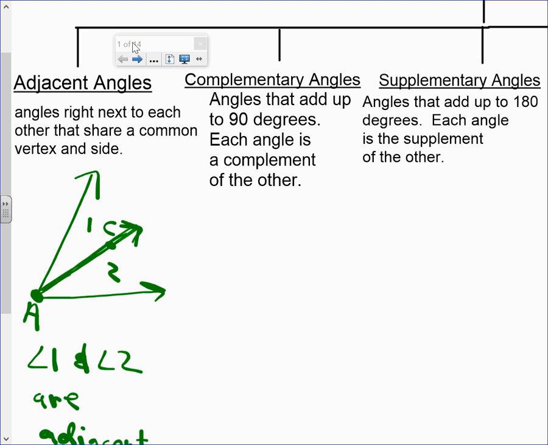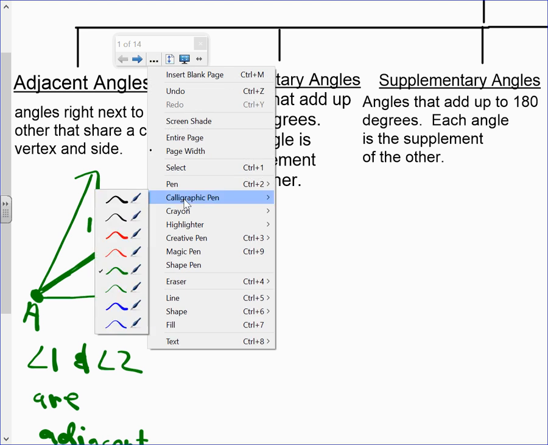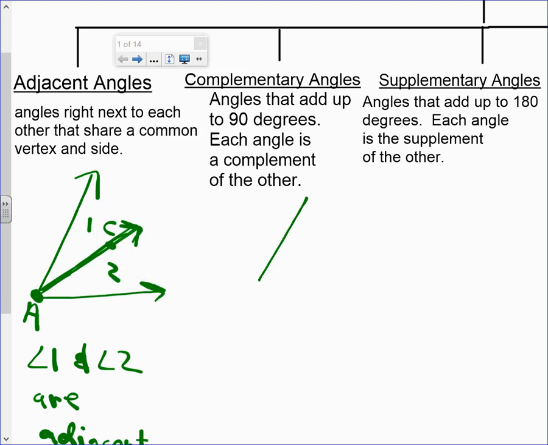Angles that add up to be 90 degrees. Each angle is a complement of the other. Let's draw some. I'm going to draw two angles that are complements of each other. Very basic. Watch this. Let's say this is a 50-degree angle and a 90-degree angle.